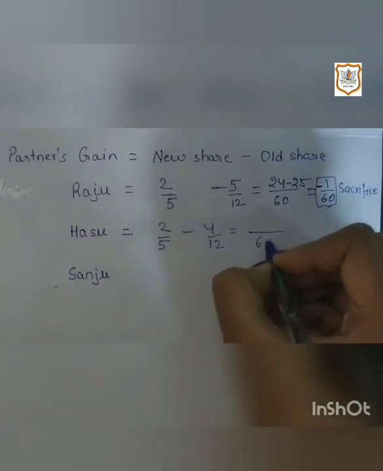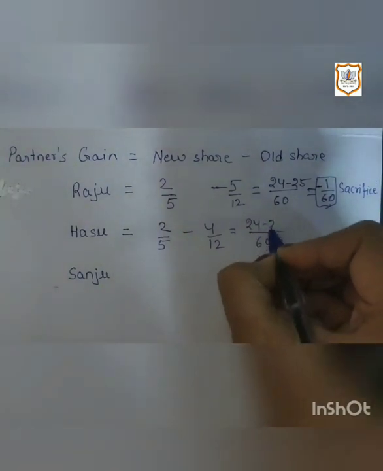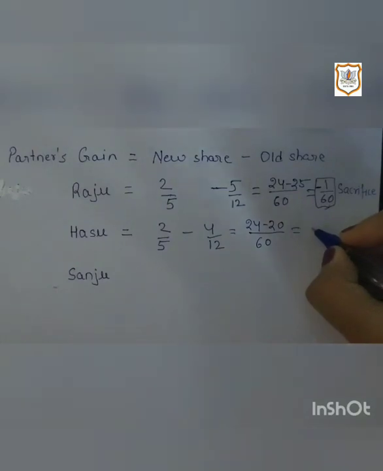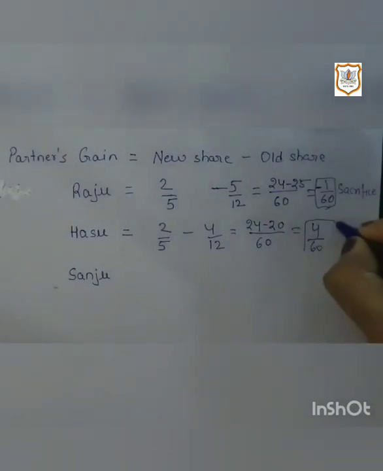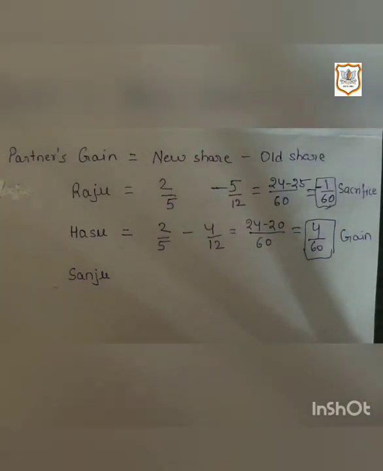If we solve it, we will get 24 minus 20. That means we will get 4 by 60. Gain.